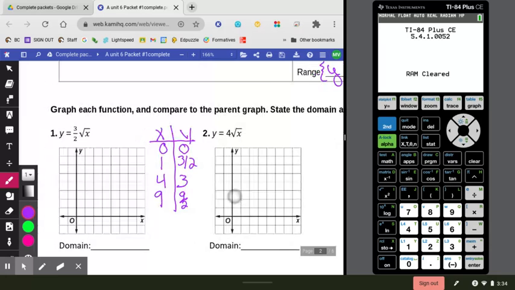So we plot that. Again, 0, 0 is a point. Does not get an arrow because that's the smallest it can be. 1 is 3 halves, or 1.5. 4 is 3. And 9 is 9 halves, or 4.5.